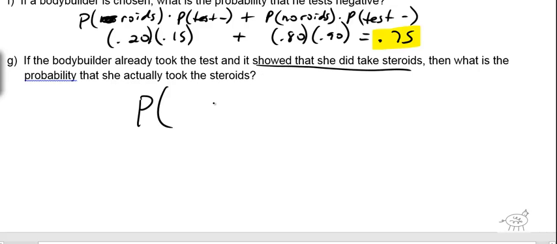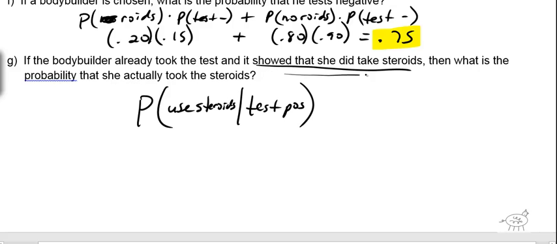Basically you're tested positive, that's your given, and I'm asking what is the probability that she actually took the steroids? So this is the deal. What's the probability that she actually used steroids given that the test showed positive? Because it says the test showed that she did take steroids.